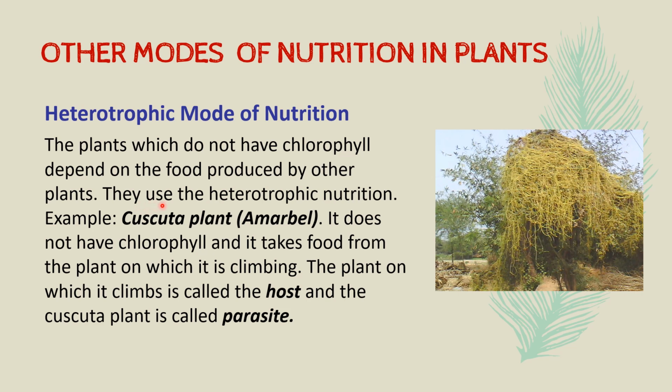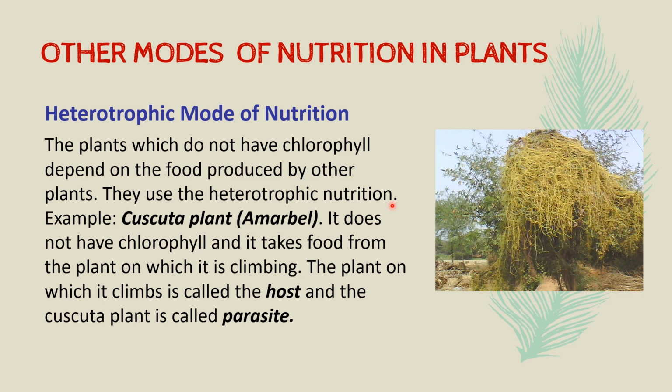This nutrition is called heterotrophic nutrition. Generally all plants prepare food and have autotrophic nutrition, but some plants do not have chlorophyll and depend upon other plants for food, and such plants are called heterotrophs, and this kind of nutrition is called the heterotrophic mode of nutrition.